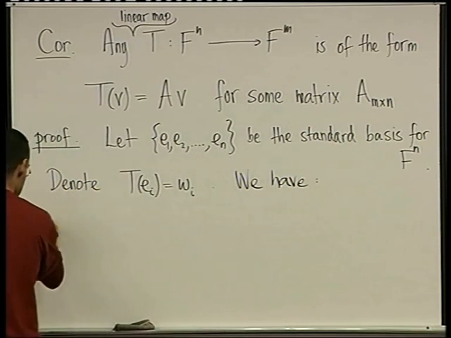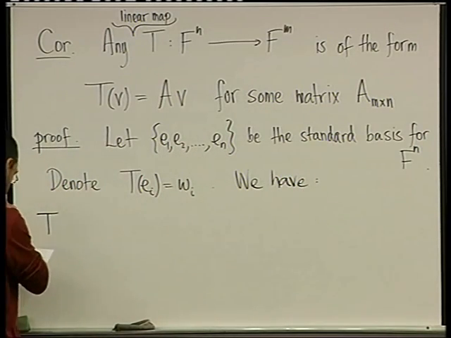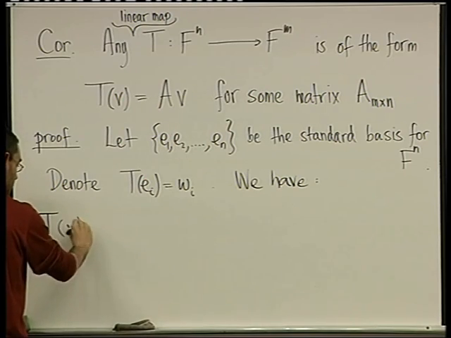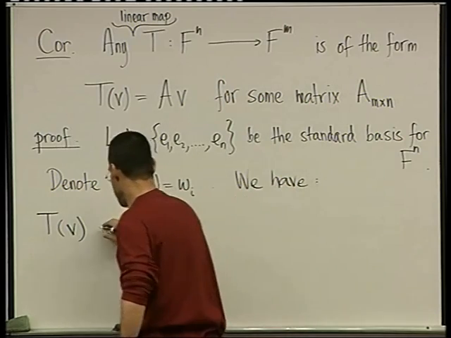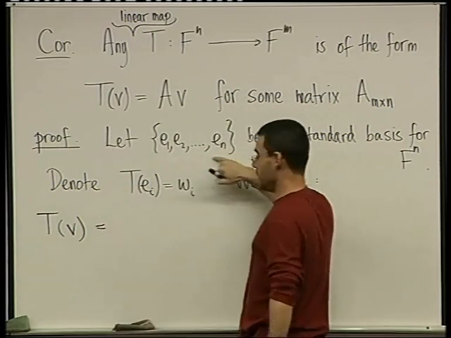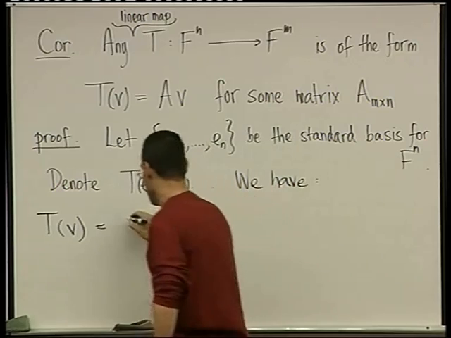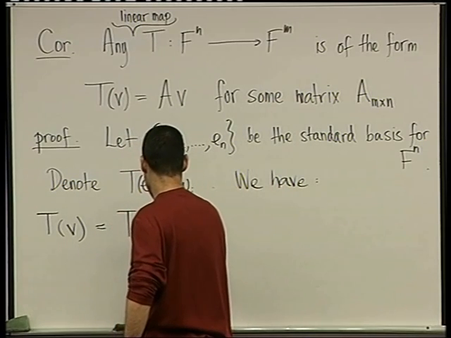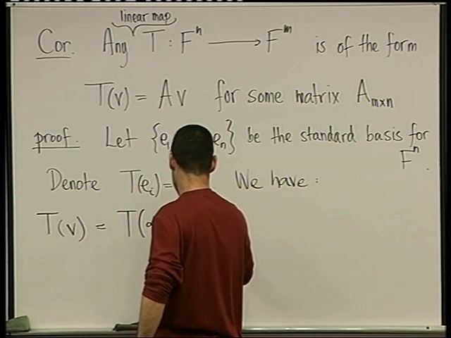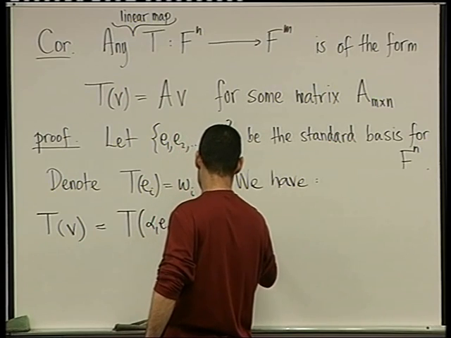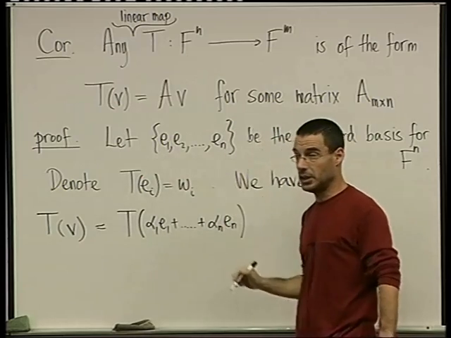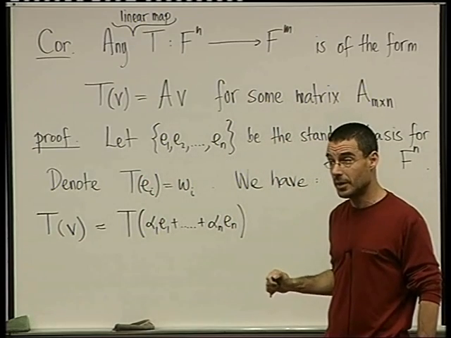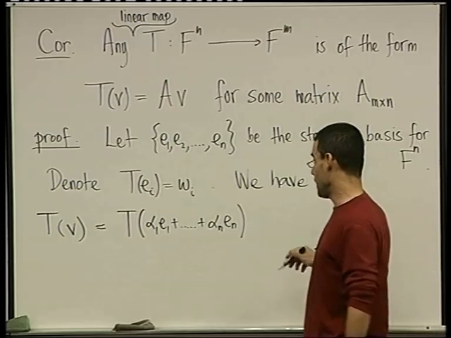what is T of any element V in Fn. I can write V as a linear combination of the basis for Fn. So it's T of alpha 1 E1 plus alpha n En. Any vector in Fn can be written as a linear combination of these basis elements. Right? Okay.